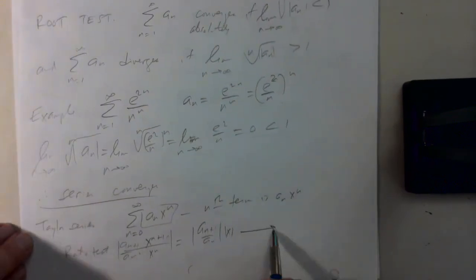And we take the limit as n goes to infinity. And if this ratio has a limit, we get some interval of x's where the series will converge.